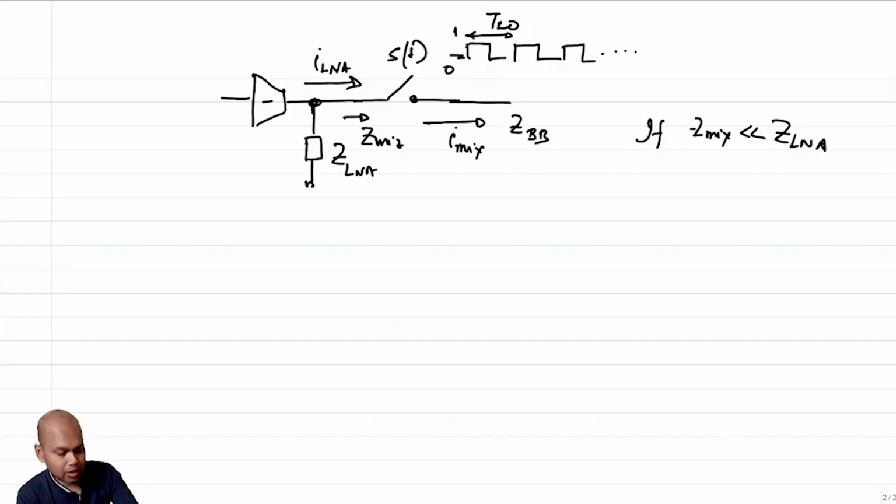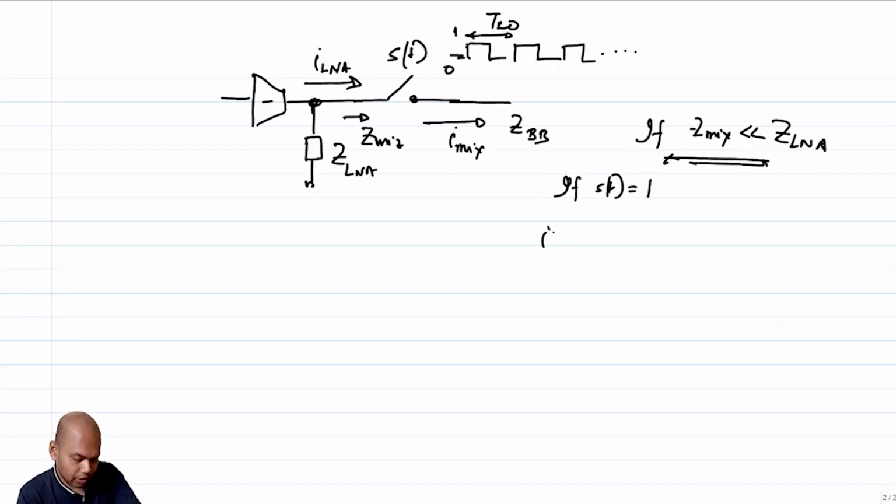So the I_mix current will be equal to I_LNA. If this condition is met, then if S(t) is equal to 1, that is the switch is on, then I_mix will be equal to I_LNA. And if S(t) is equal to 0, then I_mix equals 0, correct?